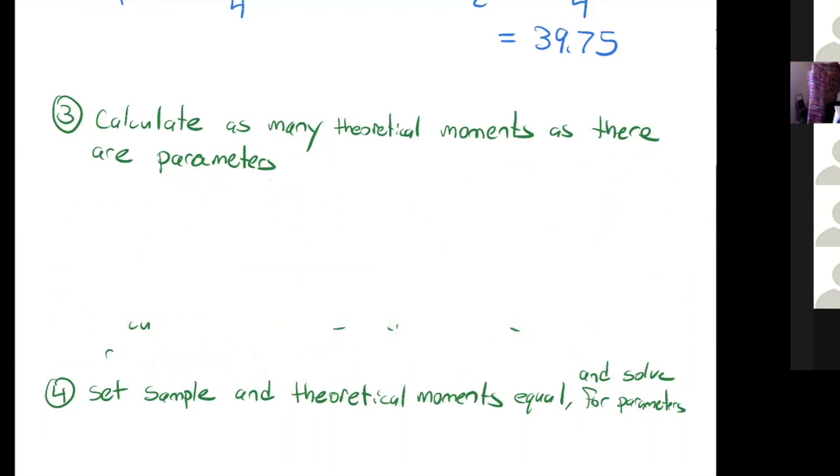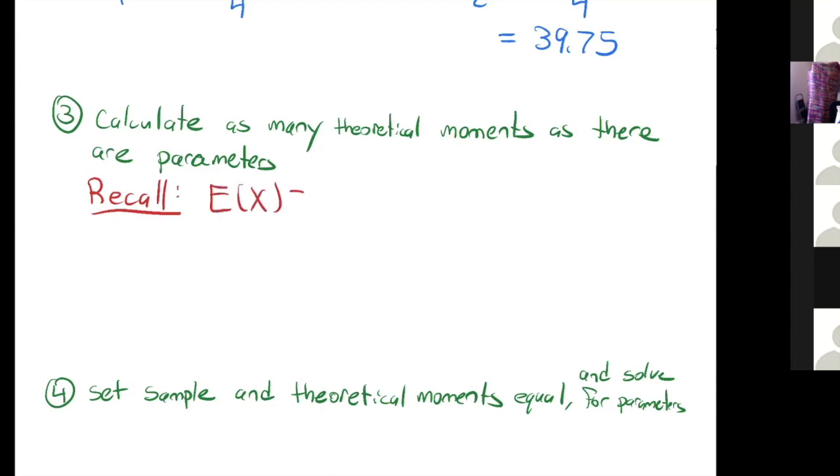Okay, then step 3 is to find these theoretical moments. For this, we could either use the PDF for a uniform distribution, but here would be a good opportunity to recall some facts we learned about uniform distributions.